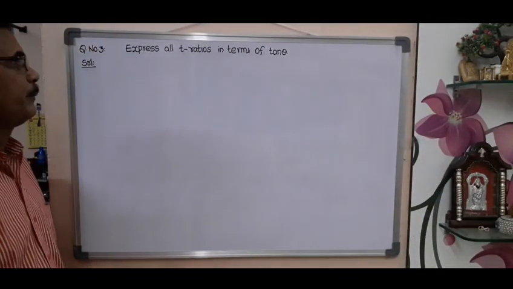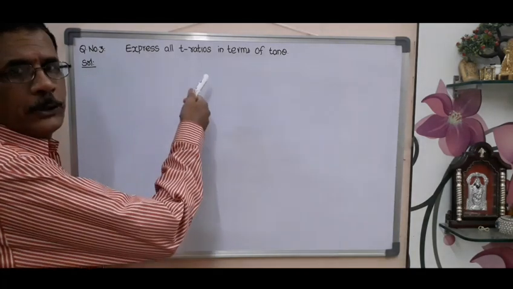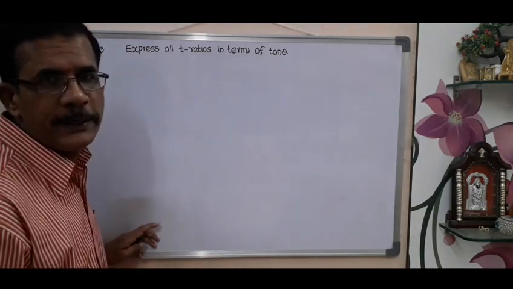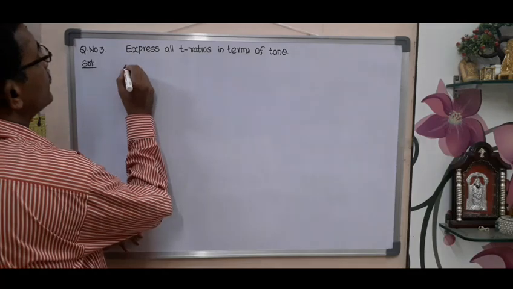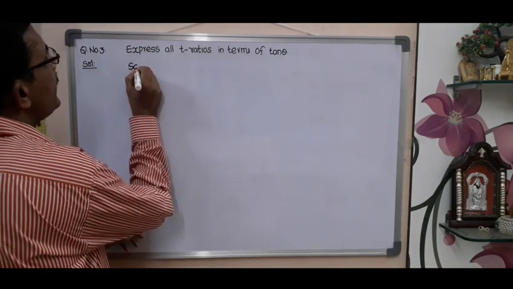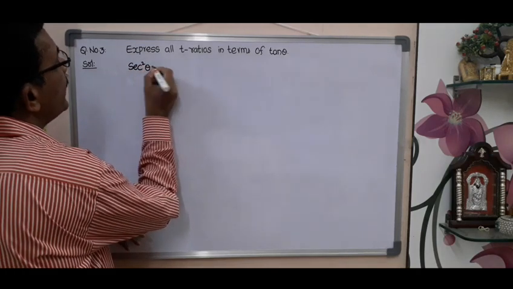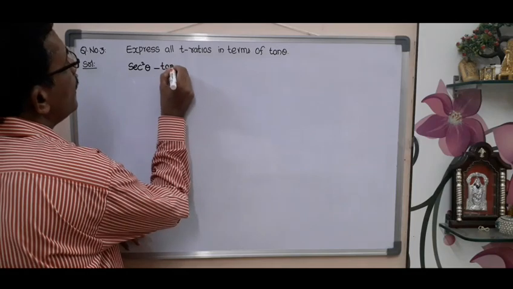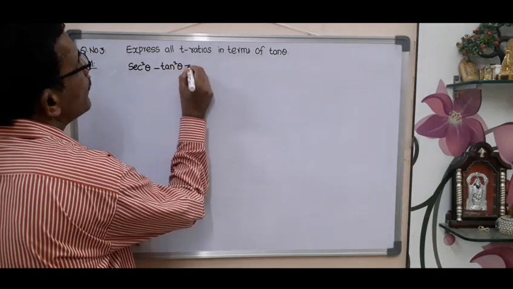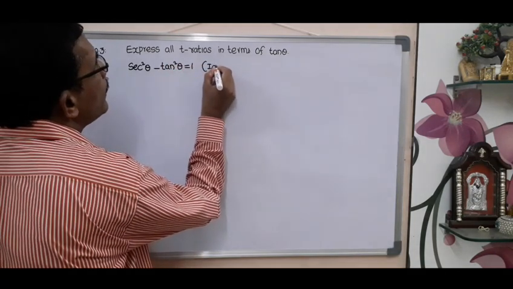Question number 3. Express all t ratios in terms of tan theta. We know the identity, that is secant square theta minus tan square theta is equal to 1. This is identity 2.